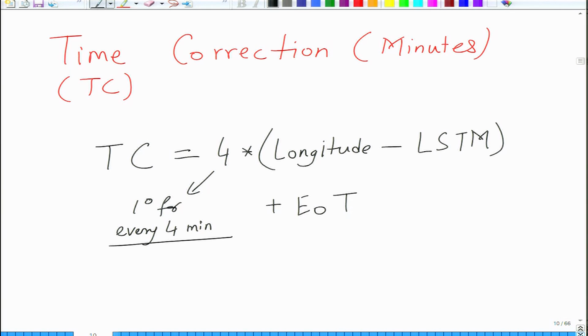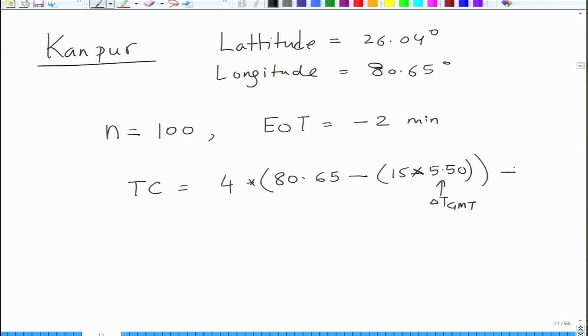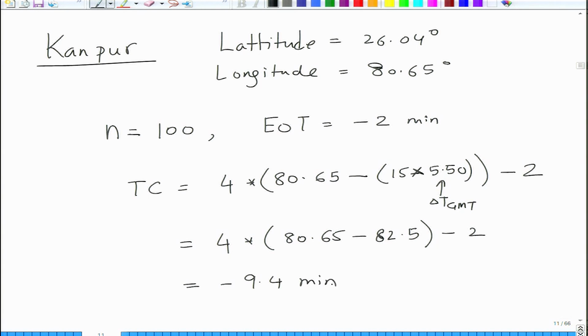So this is time correction: 4 multiplied by longitude minus LSTM plus EOT, and EOT we have worked out as -2. So if you do the math, this is 4 into 80.65 minus 82.5 minus 2, and this will work out to minus 9.4 minutes.